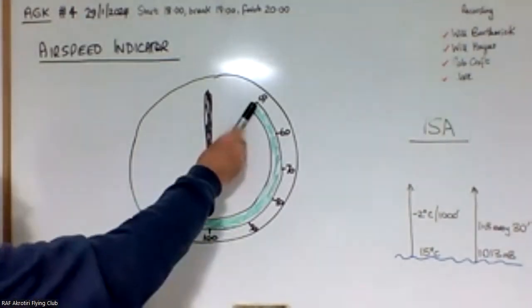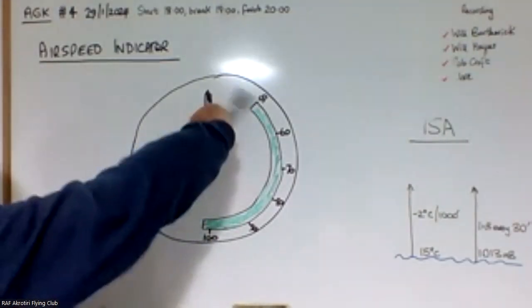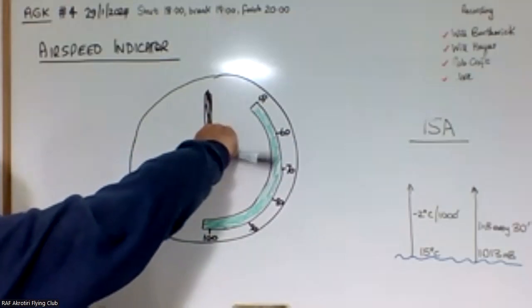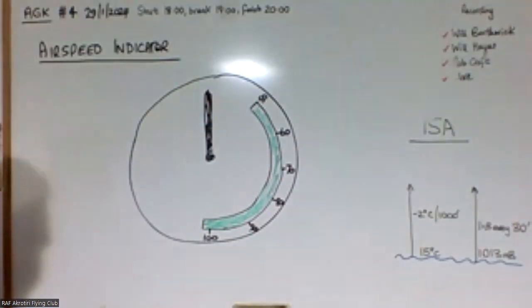And this is the normal operation arc, showing you what your airspeed is.